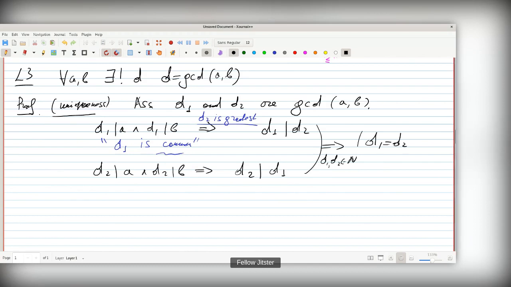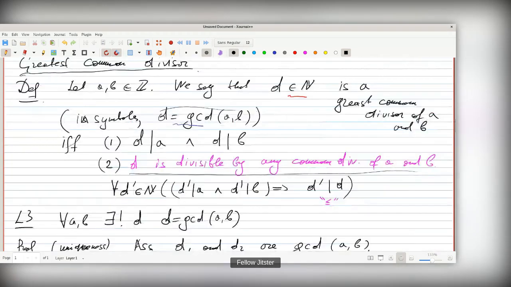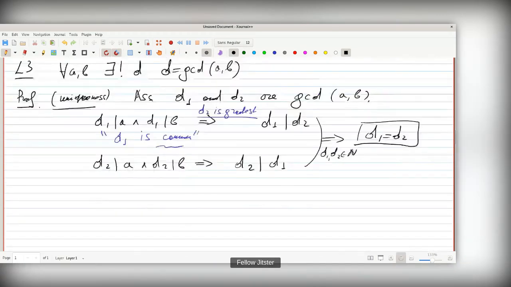So we know now that they are equal. So this uniqueness is inferred from this definition. It is quite clear. And existence is slightly harder.